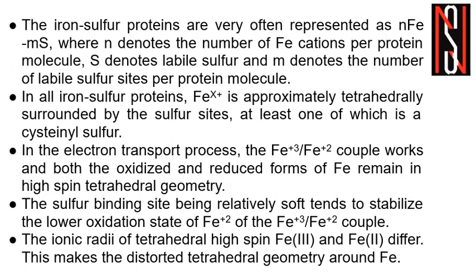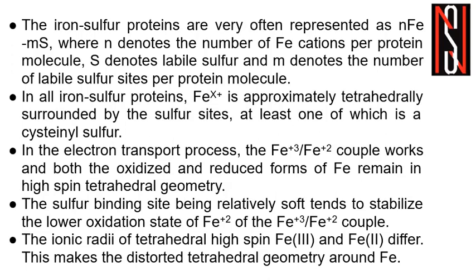Only the sulfurs which are labile, only the sulfurs which are inorganic in nature, are represented by the term small m, and that is per protein molecule, not for the whole chain.